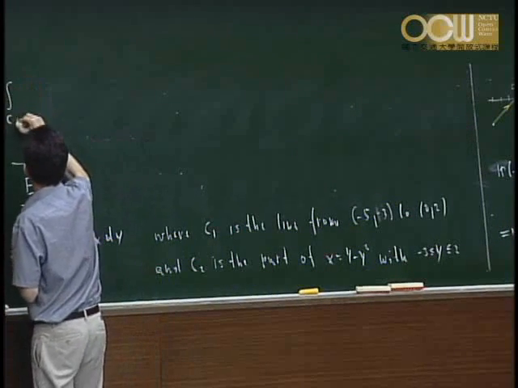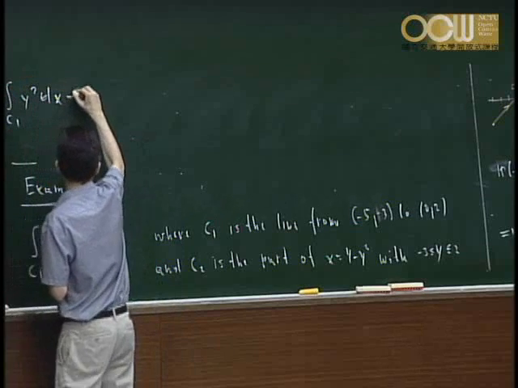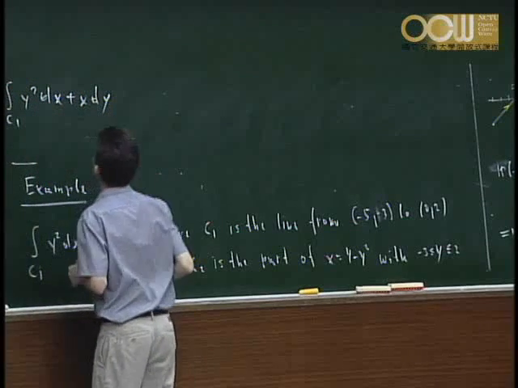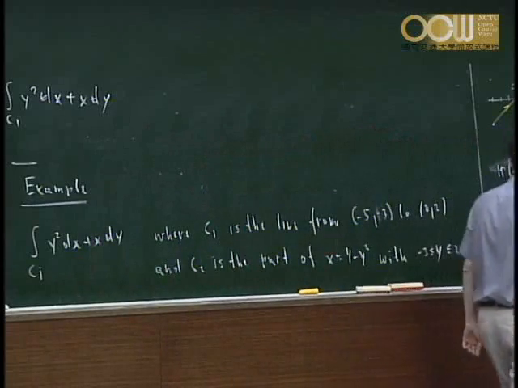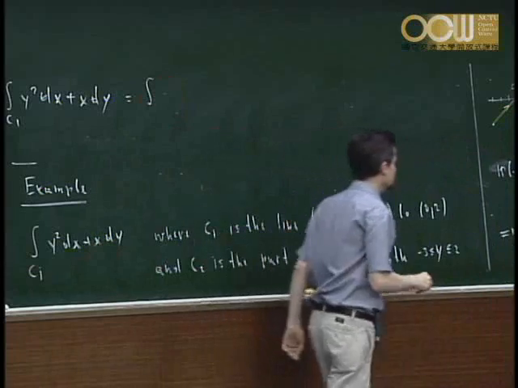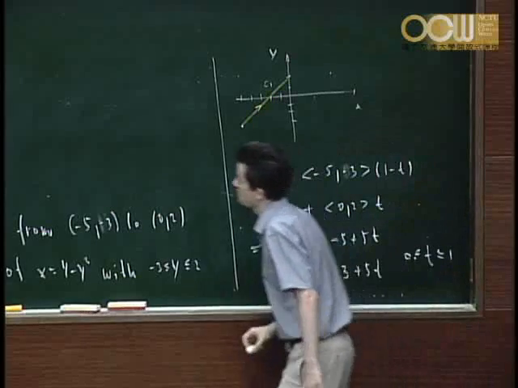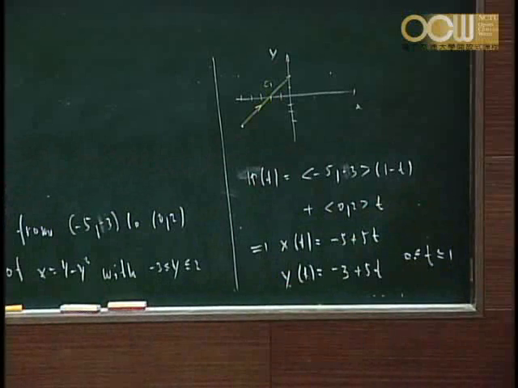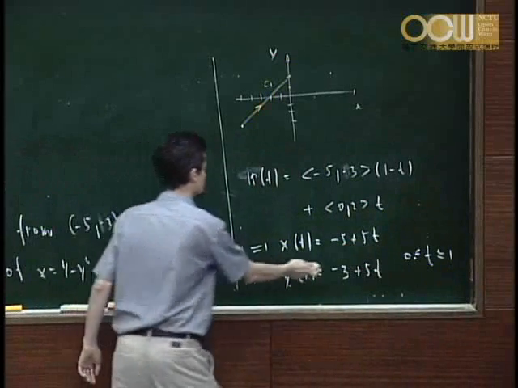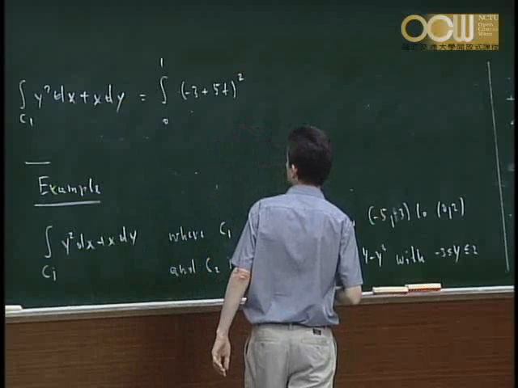In order to compute this line integral along C1 of y squared dx plus x dy, we integrate, with t going from 0 to 1. We replace y squared by this expression, (-3 + 5t) squared, times dx.